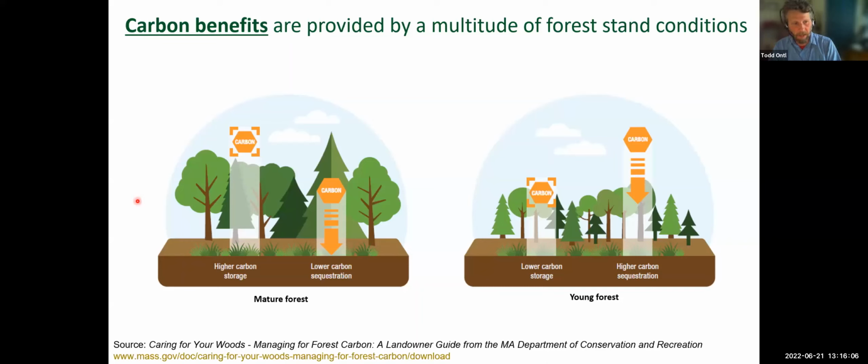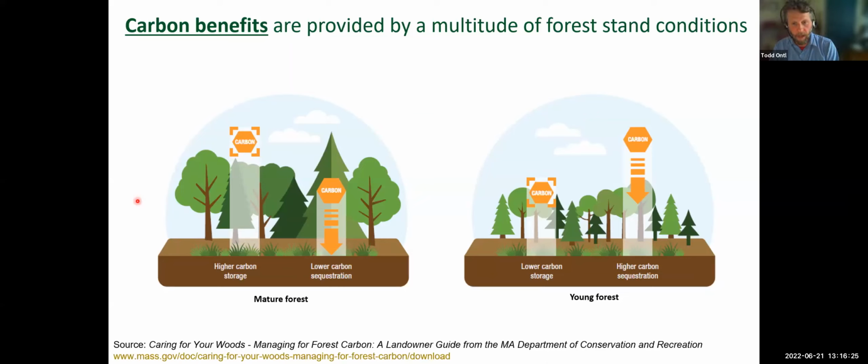And you can kind of see here in this figure that it's just the balance of the two kind of depends upon the type of condition. So in a mature forest, we have abundant tree biomass in these large diameter trees. That's storing a lot of carbon.